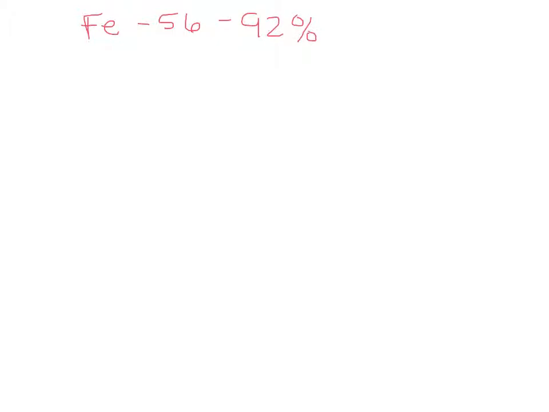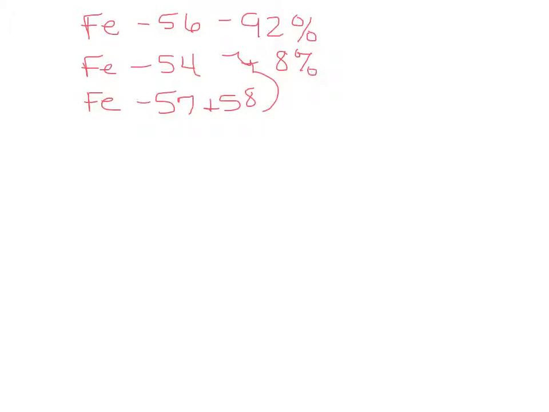And then you also have iron 54, 57, and 58, which are all together 8%. So all three of those make up 8%, and 92% of it is iron 56.